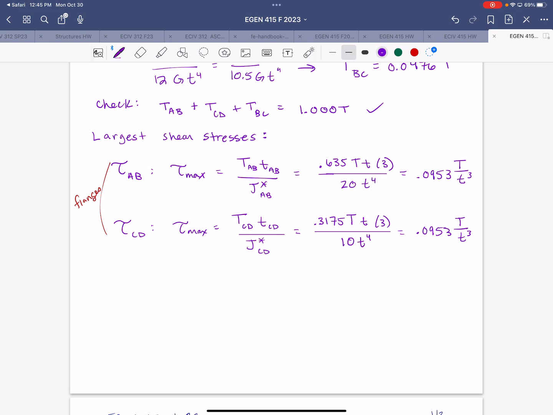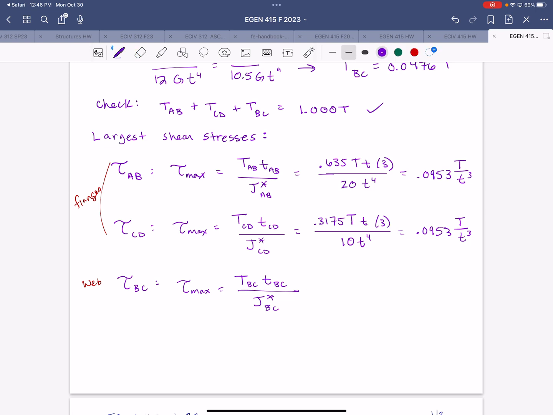And then for the web, which is BC, the vertical segment, the maximum shear stress in BC will be torque in BC times thickness of BC divided by J star of BC.